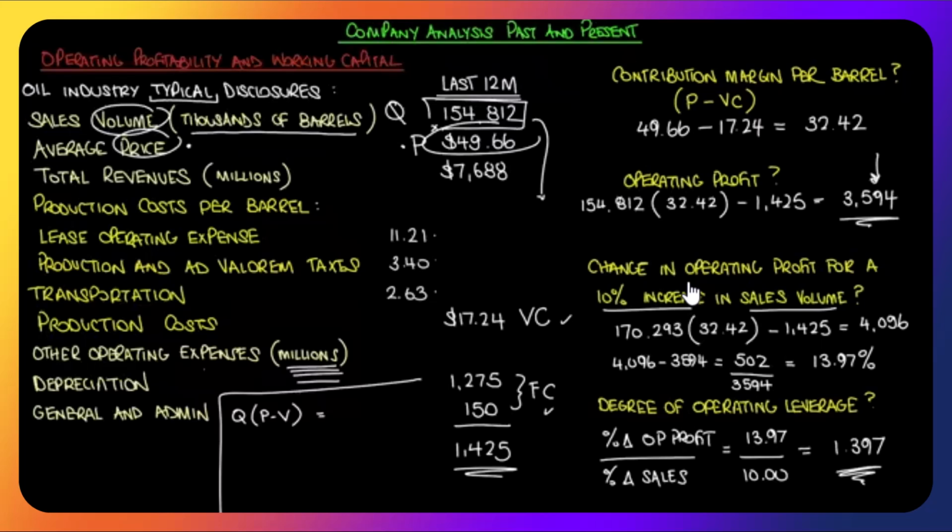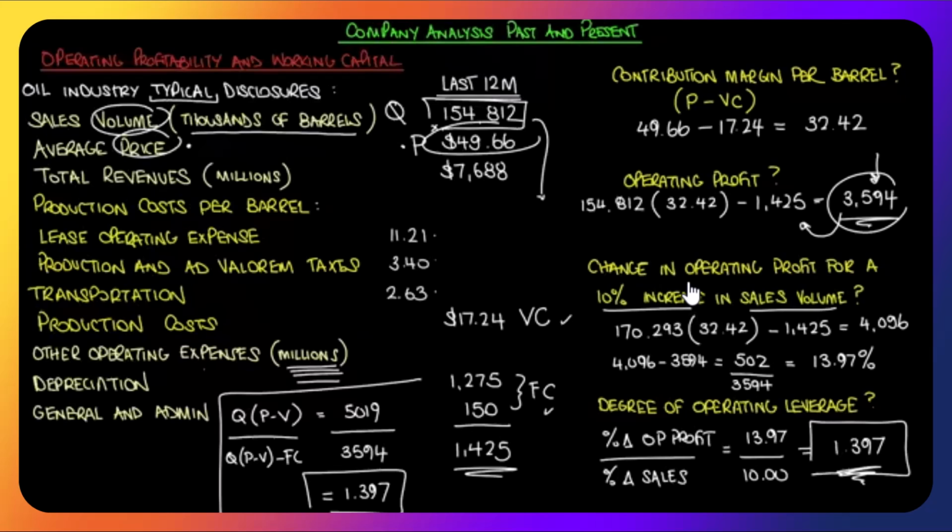I can just work backwards from here, my 3594, or rather with the 1425 added back, that would be 5019 divided by my profit after fixed costs. So it's really just my profit before fixed costs divided by my profit after, which we know was 3594. So right here, right now, today, 5019 divided by 3594, 1.397 is my degree of operating leverage.